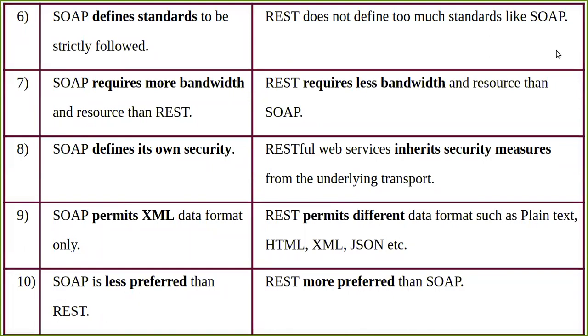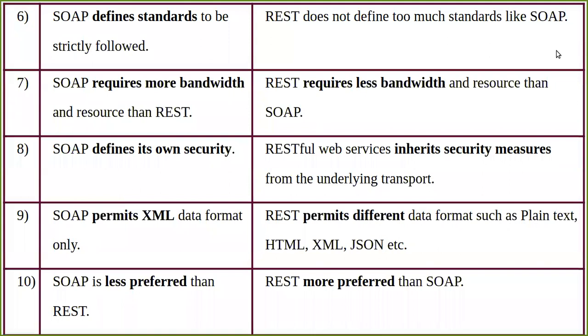SOAP defines its own security. That means its Java API, which defines the web service called SOAP, has its own security in its API, but REST inherits or carries the security measures from other web services like SOAP.